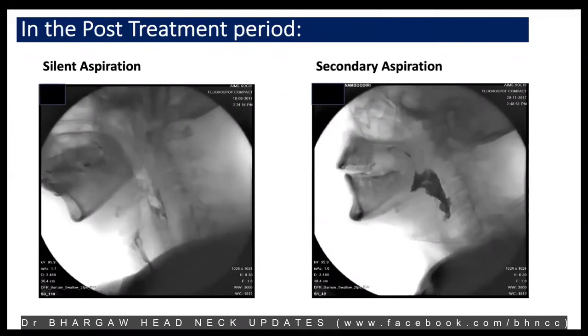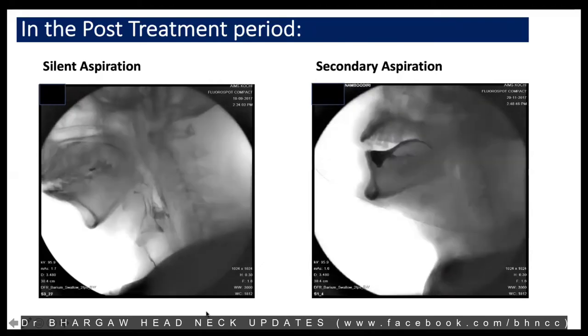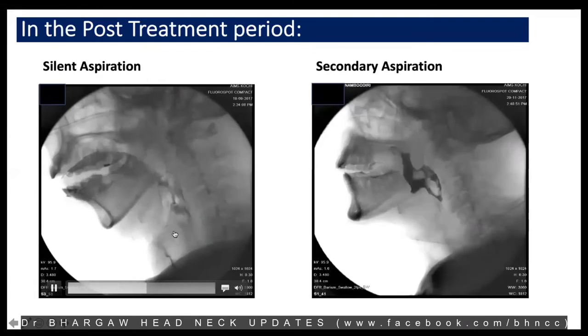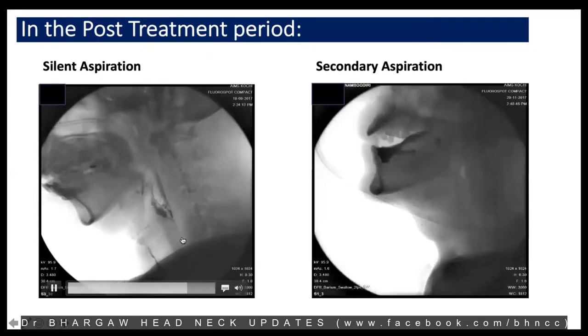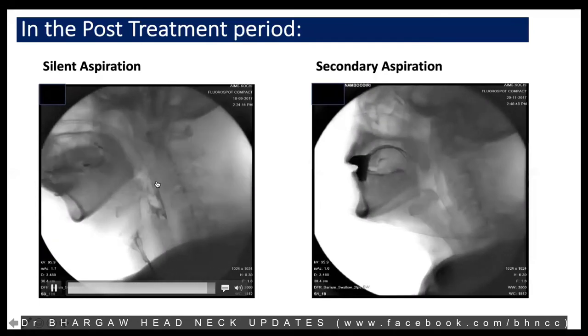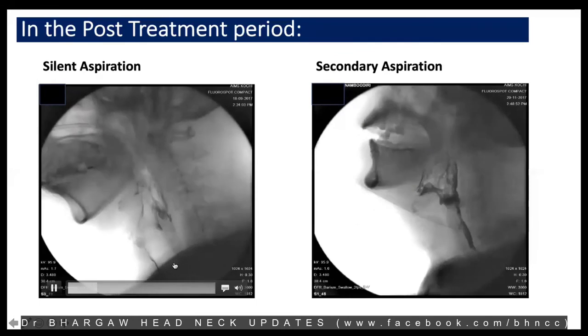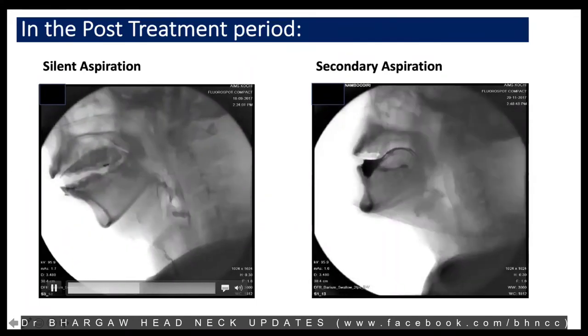Silent aspiration is what I described in radiation-associated dysphagia. The patient has no supraglottic sensation, no posterior or lateral pharyngeal wall sensation. So you can see he easily aspirates and doesn't cough at all. The patient doesn't move around or cough.